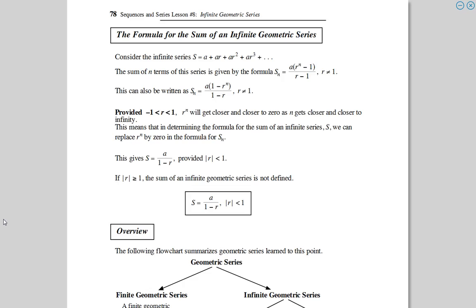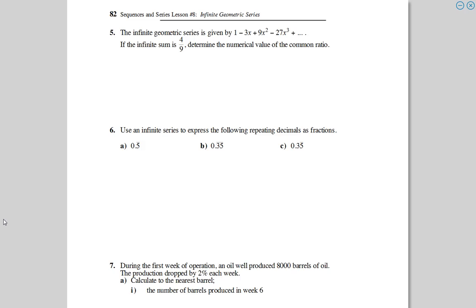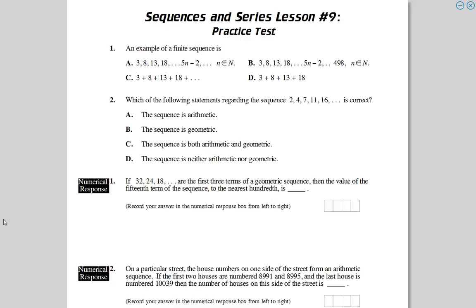And then lesson 9 is the practice test. So we'll do this Thursday. You'll have a whole block to work. And then your exam will be on Friday. Okay? And the exam has been written here for quite a while. This is Friday. This Friday. Okay?